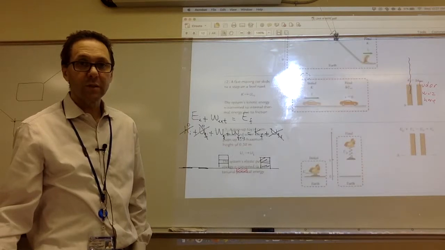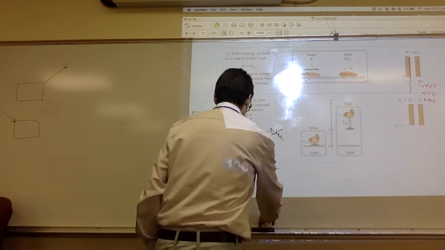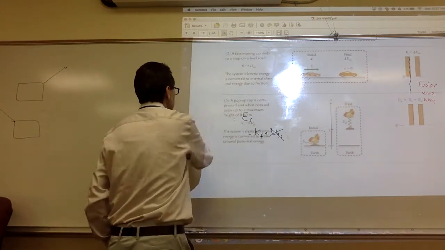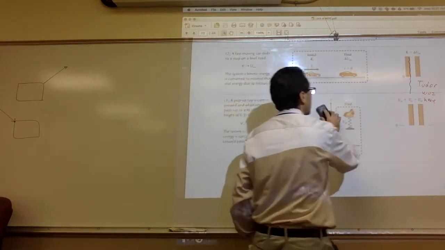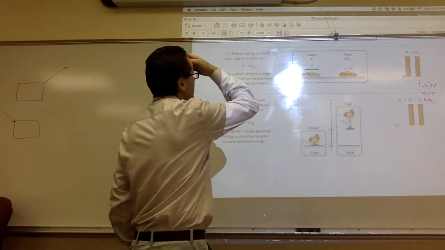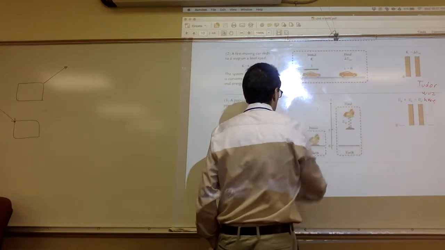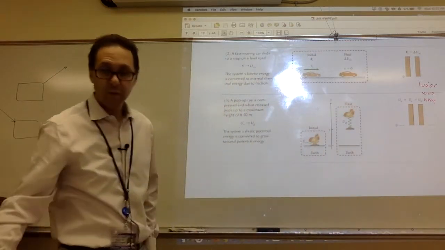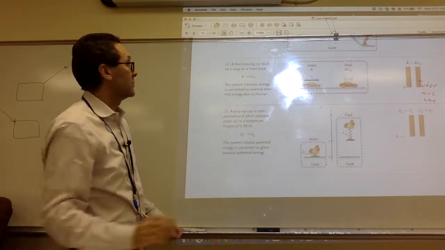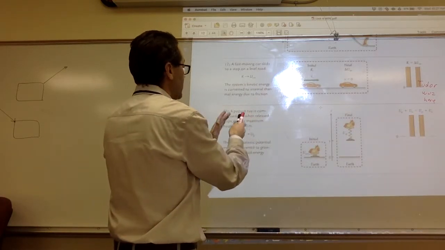All right, so let's look at the next one, and we make some changes here. I'm going to treat this differently than what's just on here. So I'm going to look at different systems here. I'm looking at the car driving on the road. And I'm going to consider the Earth as being part of my system.